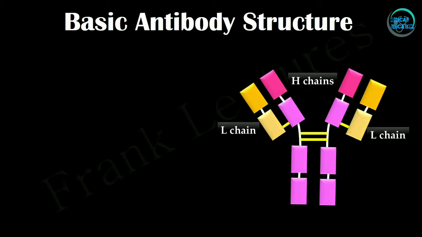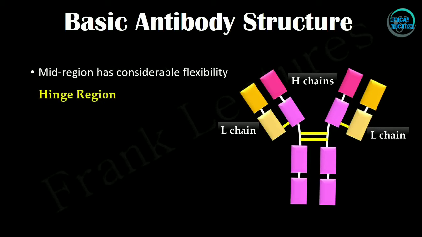The mid-region of antibody has considerable flexibility. This region is known as the hinge region. The main advantage which this region provides to an antibody molecule is the ability to adjust to different spatial arrangements of antigens or epitopes. In other words, the hinge region makes possible the rotation and bending of antibody molecule.